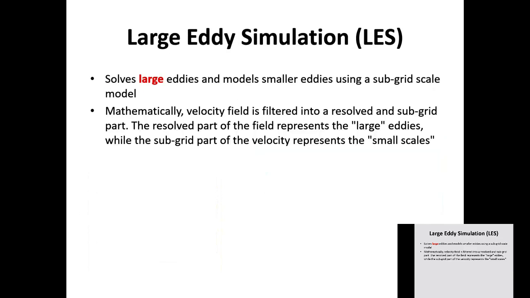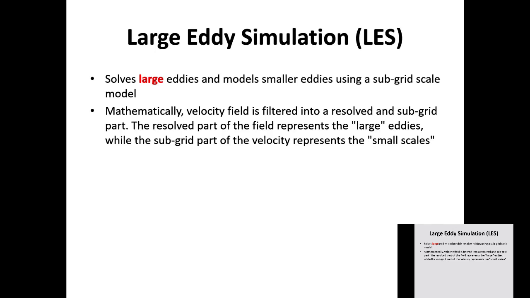In large eddy simulation, which is the next step in simulating, or the next scale larger than the DNS, it solves the large eddies, and the subgrid scale, meaning the scale that is smaller than the grid, is not solved.